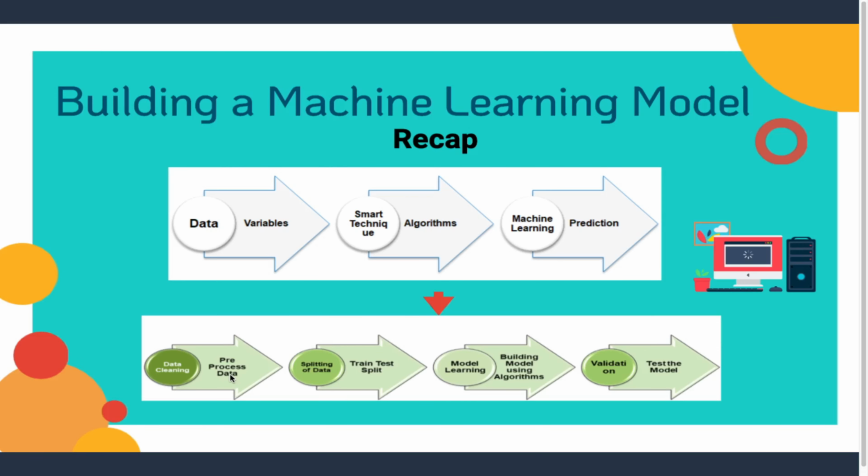Once your data is pre-processed and is ready, we do a train test split. What is train test split? You have your entire population of data. Out of that data, I take some portion of the data and I train the model with that data. Once my training is fine, with the rest of the portion I test whether the model I have built using the algorithm is correct or not, and that is about validation of the data.